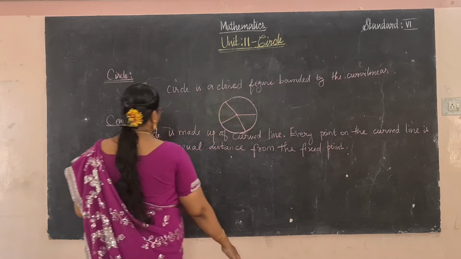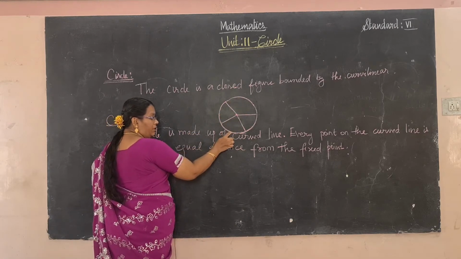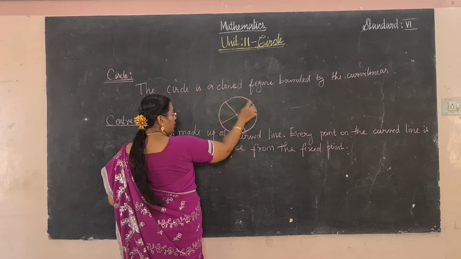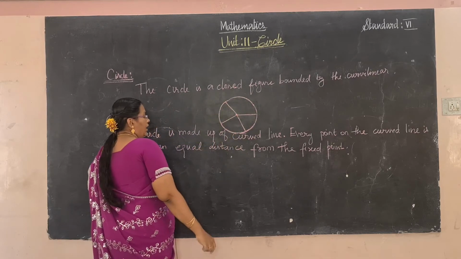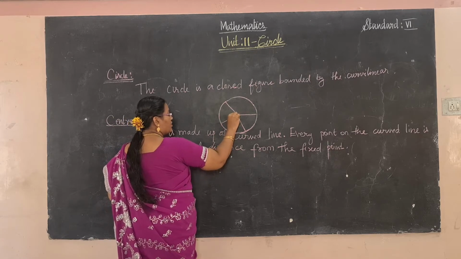You know that a circle is made up of a curved line, and every point on the boundary or curved line is at an equal distance from the fixed point.